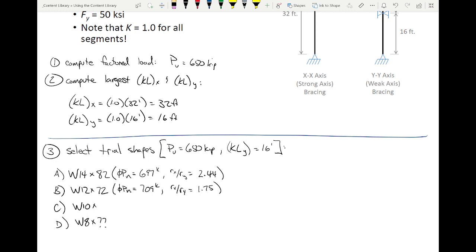The 77. You chose that because its phi-Pn is what? 686. And its rx over ry is what? All right. What about the W8s? None. The heaviest W8 just doesn't cut it. So we'll say W8, none applicable.